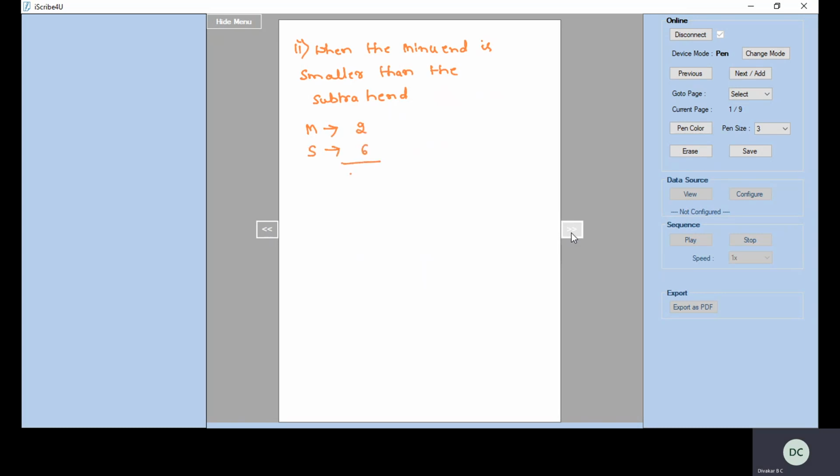So 2 minus 6 is minus 4. So given the decimal number, write the equivalent making use of the 421 code, or even you can use 8421. Since the maximum number is 6, you can represent 421. So the equivalent for 2 is, according to the positional weight, 010, and for 6 is 110. So it is not necessary to perform the subtraction. Directly write the equivalent. 4 is 100. Put a negative sign in front of it.